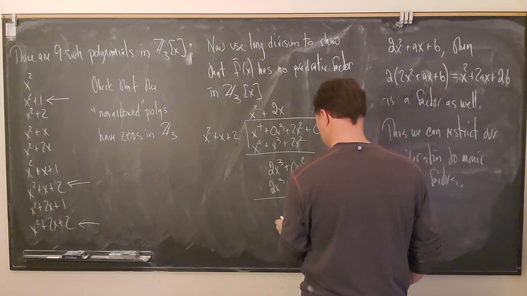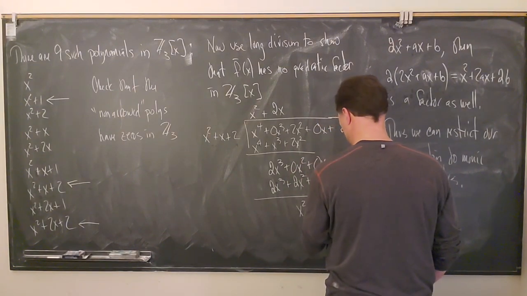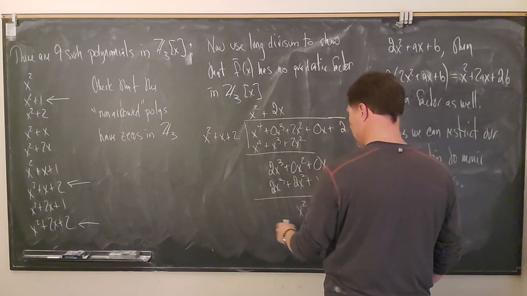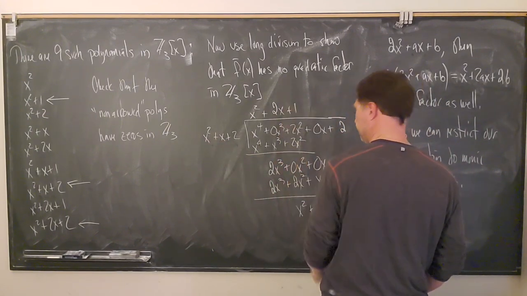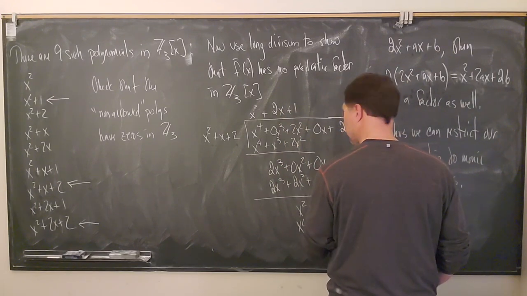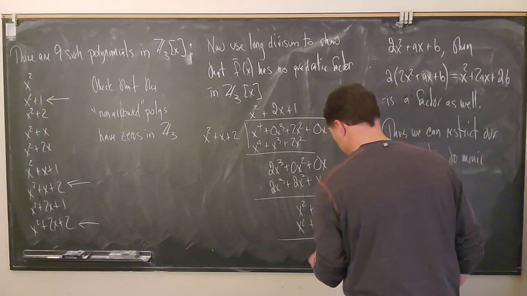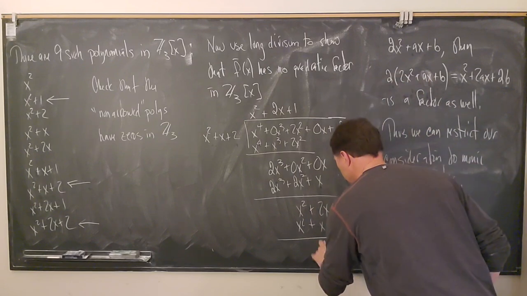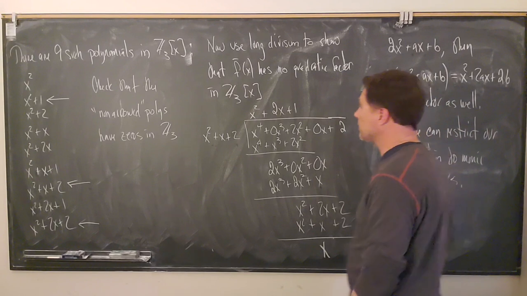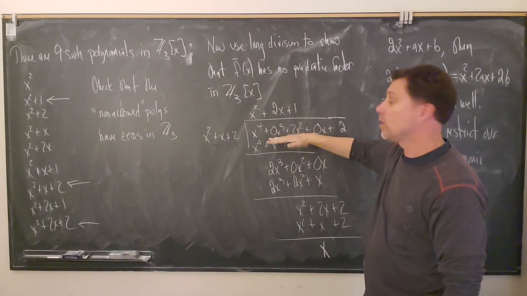Subtract, this will give us negative 2, which is positive 1, plus 2x plus 2. That goes into here. x squared goes into x squared one time. And now clearly we're going to get a non-zero remainder. So what do we get? We get x. And so that tells us that this polynomial does not go cleanly into this polynomial, so it's not a factor.